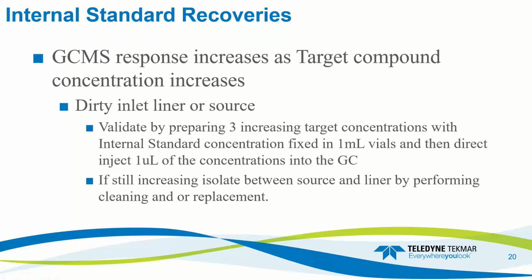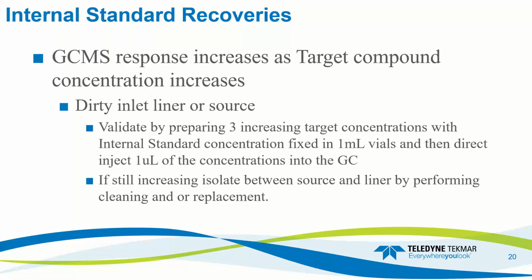For internal standard recoveries, for variations with that, you want to start and look at your GCMS response of your internal standards. Is that increasing as your target compound concentration increases? You could have a dirty inlet liner or a dirty source.